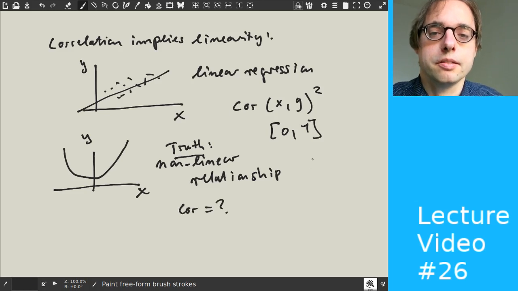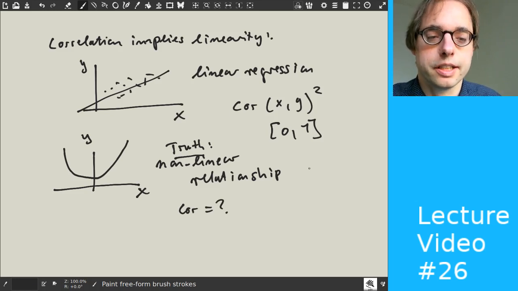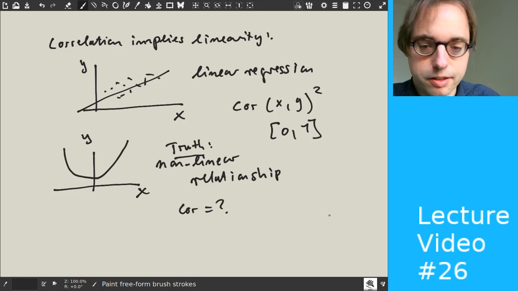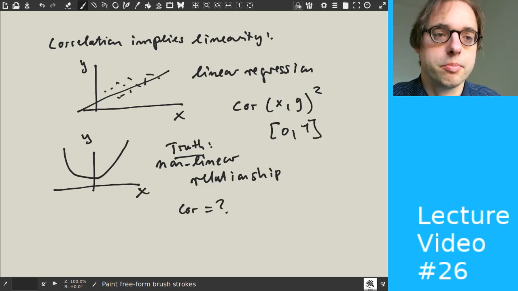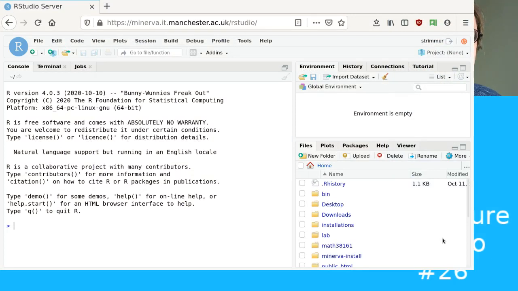So to do this, let's do a little experiment. We open a computer program. So I open RStudio. Here it is. And then we do a little simulation. So let me shrink the window a little bit so you can see me.